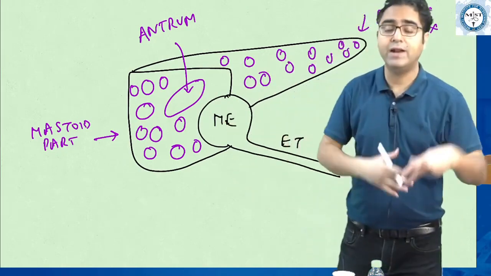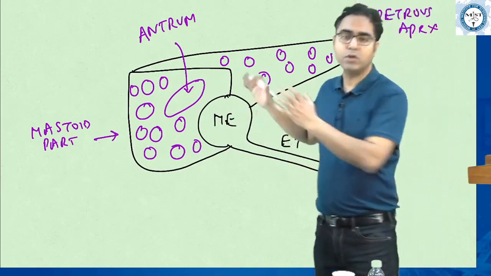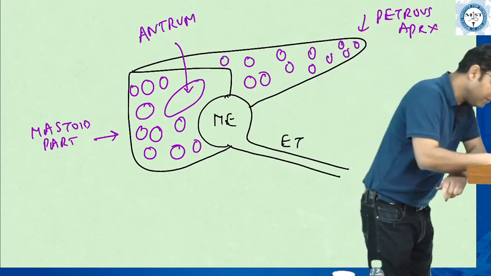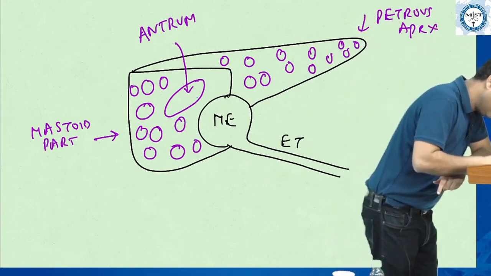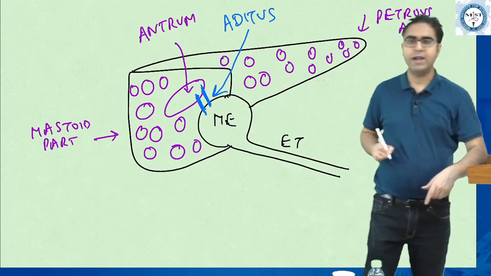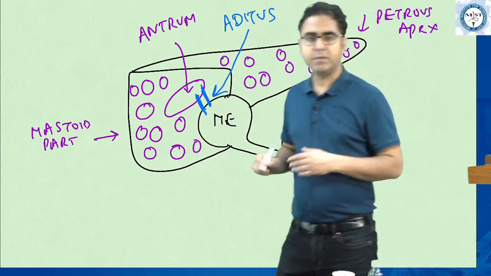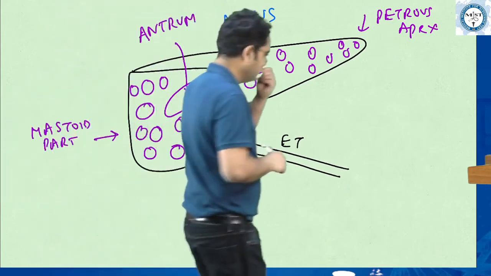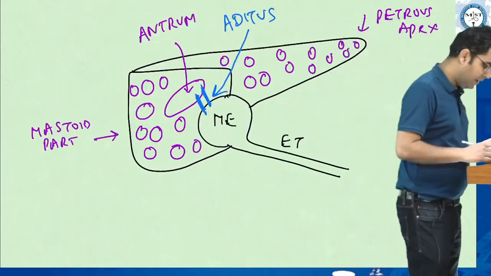Like yesterday we had ethmoid air cells, today we have temporal bone air cells. Now, antrum is connected to middle ear through a channel, and that channel is called aditus. Aditus connects antrum to middle ear.